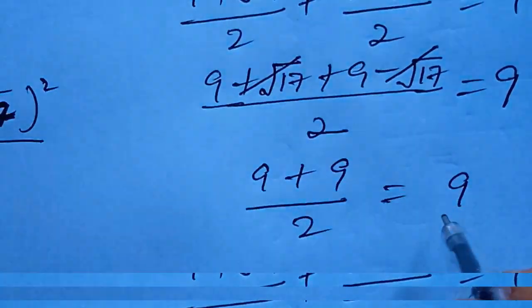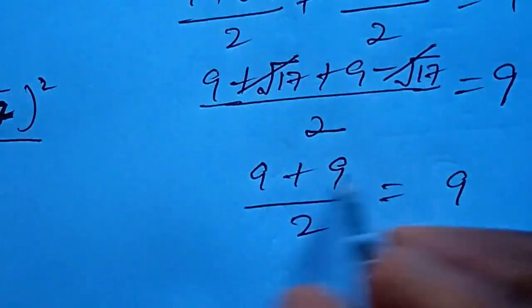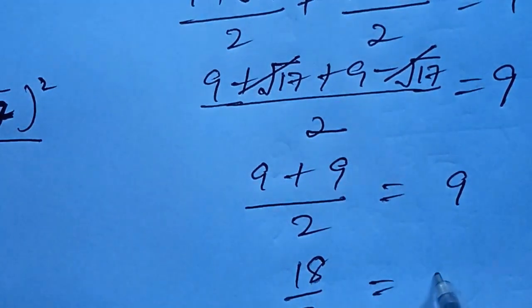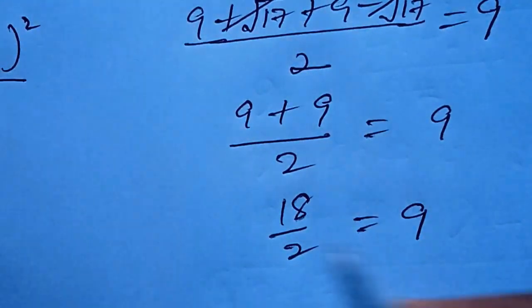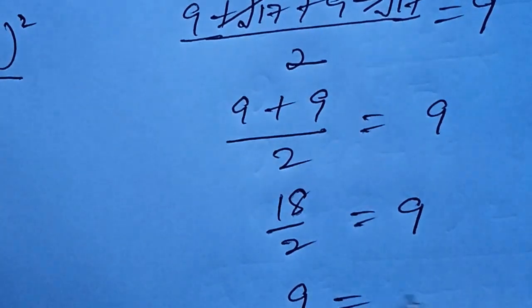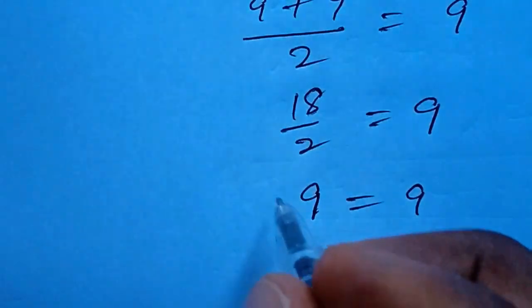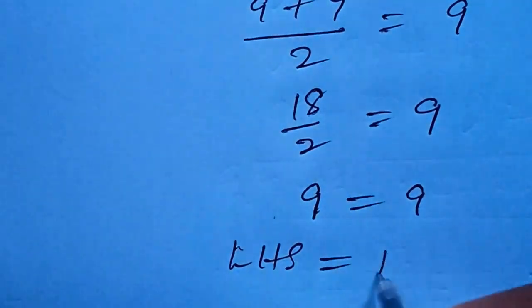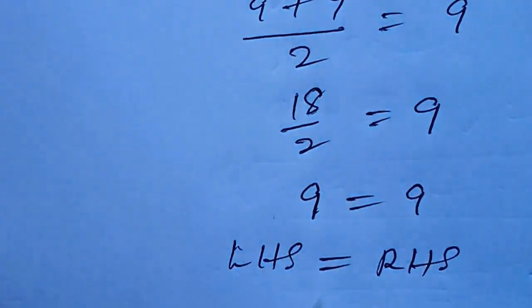Are they equal to each other? 9 plus 9 gives us 18 over 2 equal to 9. Is it equal to 9? 18 divided by 2 is 9, which is equal to 9. So we can conclude that our left hand side is equal to our right hand side, which proves the first equation.